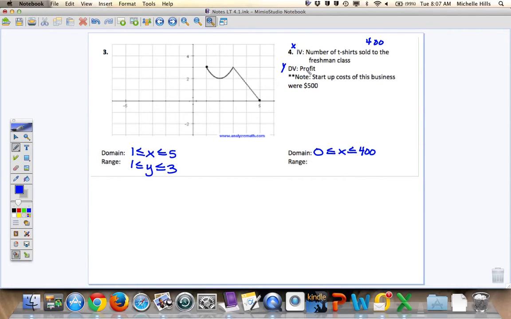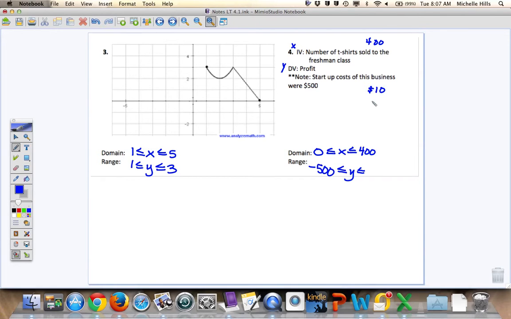The range being that the profit, if I don't sell any T-shirts and there were startup costs of $500, I'm out $500 and I have made no money. I've actually lost $500. But if I sell 400 shirts, I've got to figure out what the profit is per shirt. So let's assume that on each shirt, I can make $10.